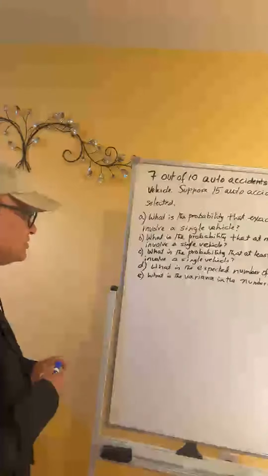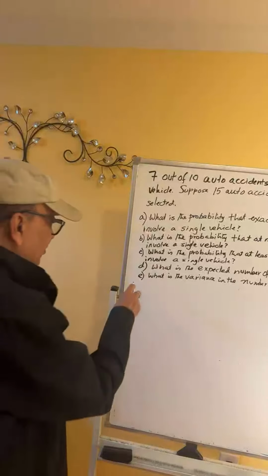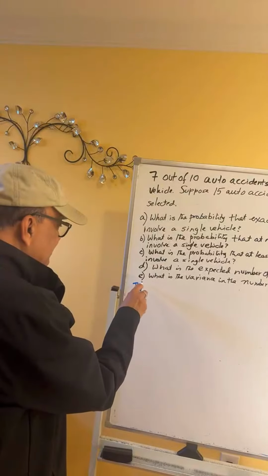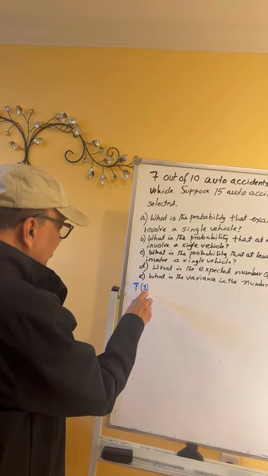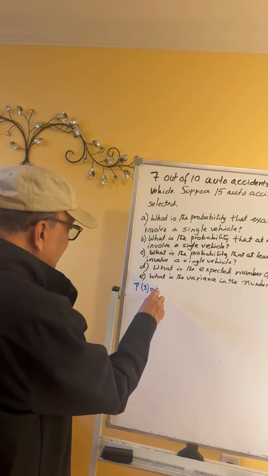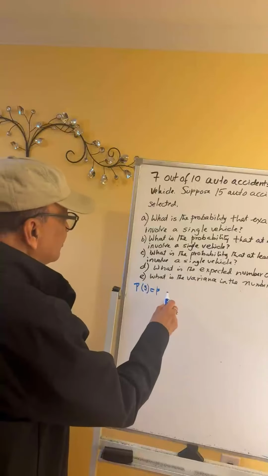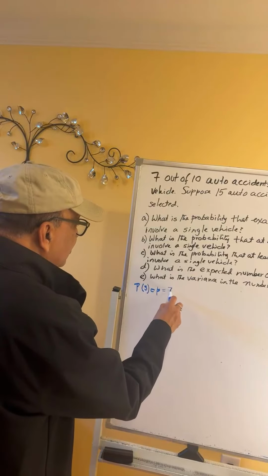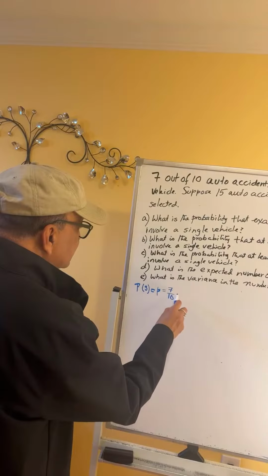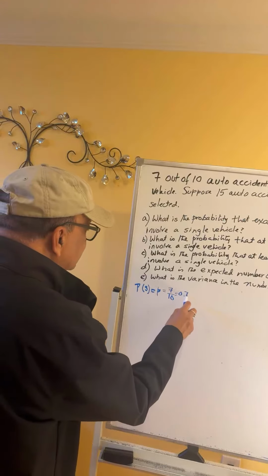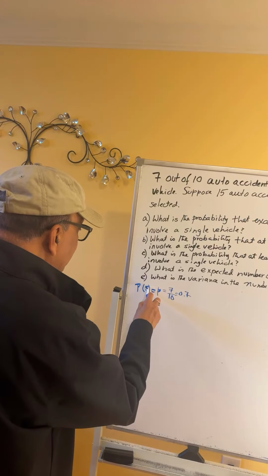So the probability of success in this situation, which is also given as P, is 7 out of 10 or 0.7. Here S is the success, this is the probability of S.